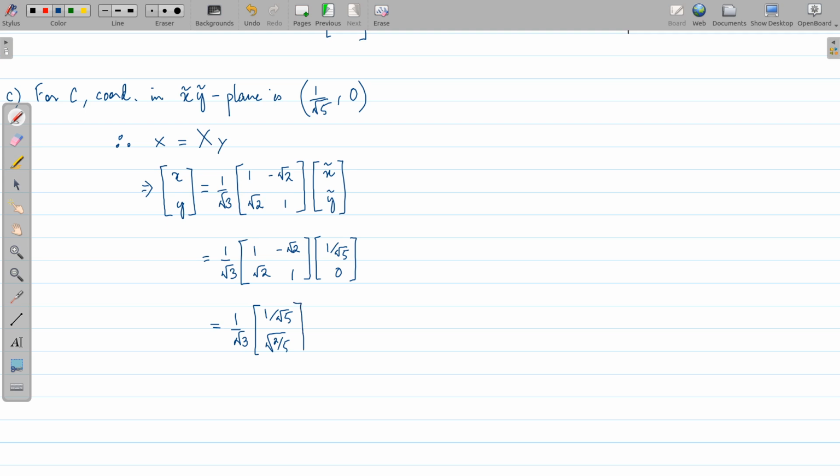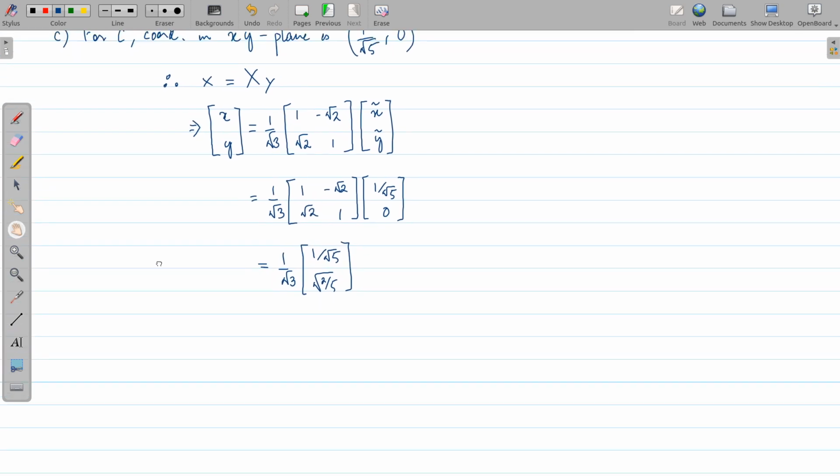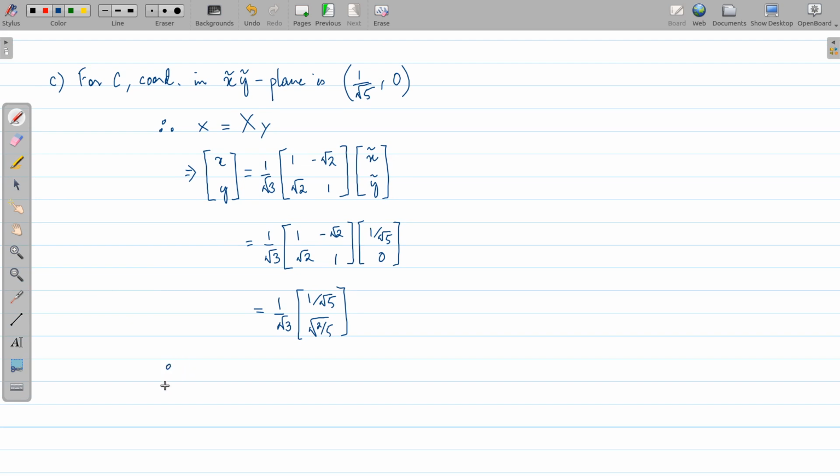I'll leave this to you to verify. Therefore, the coordinates of C in the xy plane are: x coordinate 1 by root 3 times 1 by root 5, and the y coordinate is root over 2 by 5. So this is what we get.